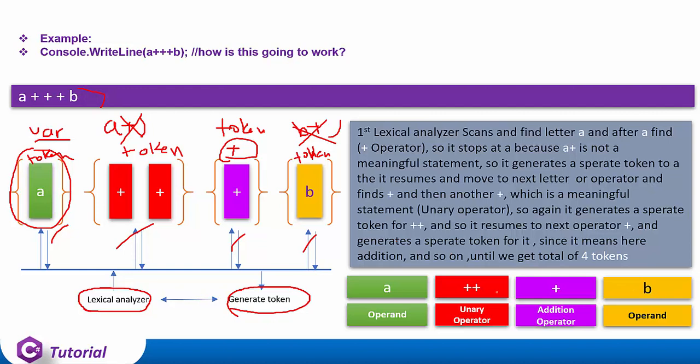So why is this important to understand? You will need to know this idea, and it will help you in the coming tutorials when we start to practice for loops, if statements, and while loops, to know the precedence and to know how the post-increment or pre-increment and decrement will work.